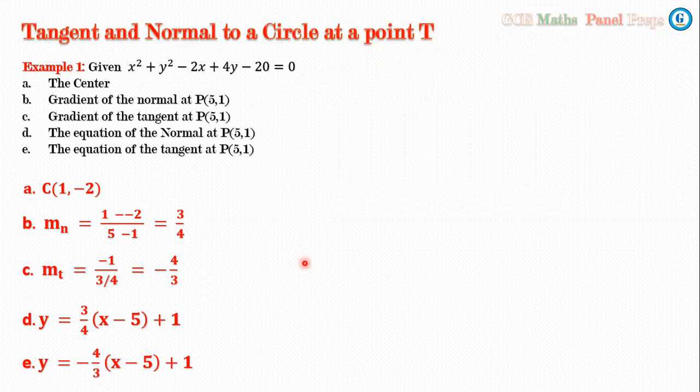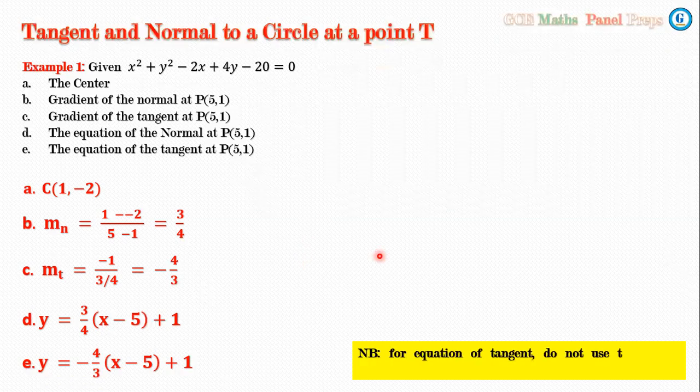So we can equally decide to use implicit differentiation to answer this same question. For equation of tangents, do not use the center because the center does not lie on the tangent.